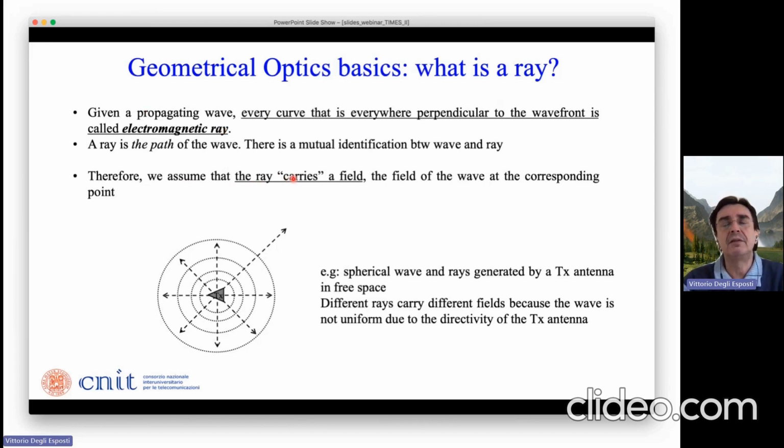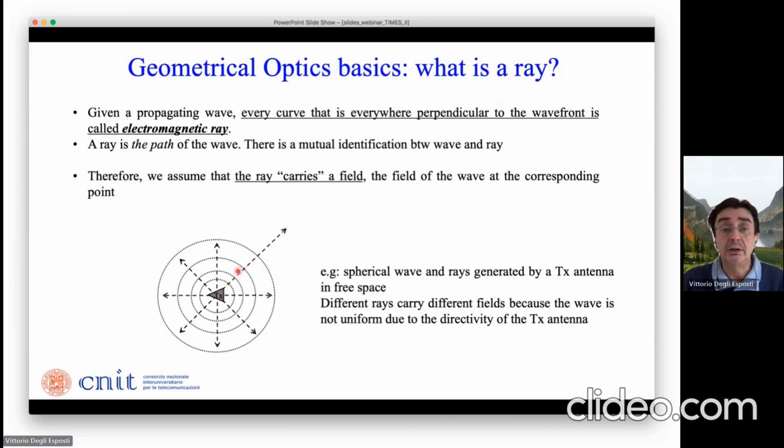The field of the wave in the intersection point between the ray and the wavefront that we consider. For example, if we have a source in far field with spherical wavefronts, rays are lines departing from the phase center of the antenna and propagating in the radial direction.